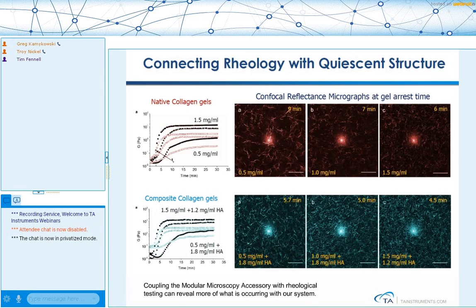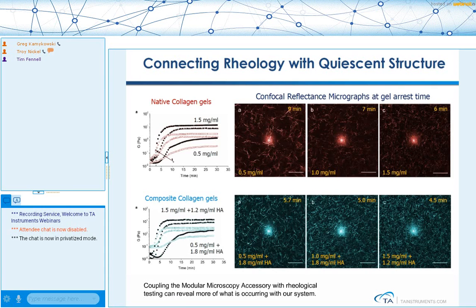And then finally, we have the accessory with the modular microscope accessory, which we're showing here. And this gives us a chance to compare the visual properties that we can see with the rheological properties that we are measuring simultaneously.